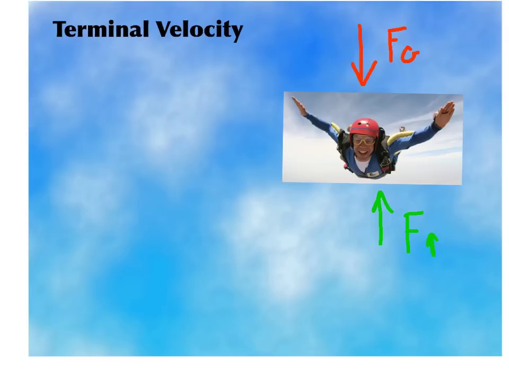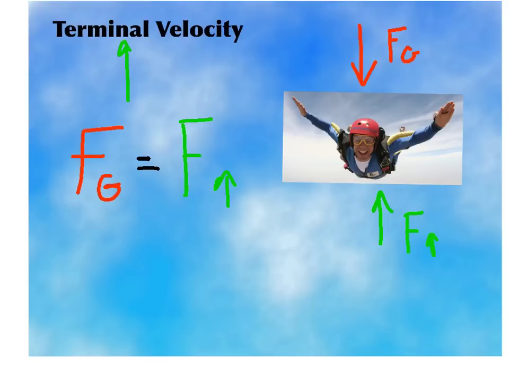So he is accelerating, and he's going faster, but eventually he will hit a point where the force of gravity is equal to the up force. It's opposite to the upward resistance force, the force of air resistance. And when that occurs, we've hit terminal velocity.